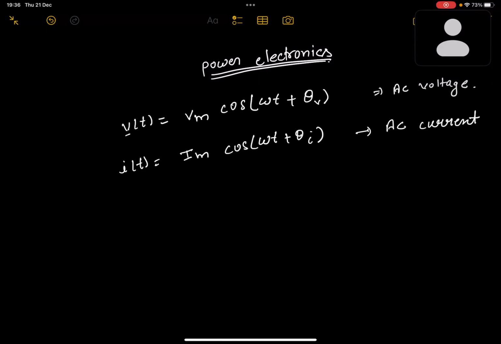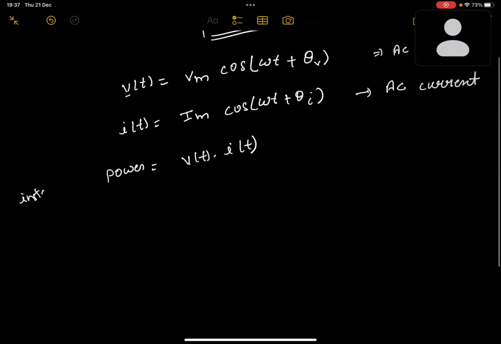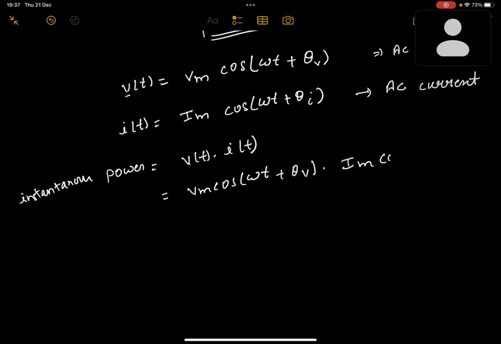Power is always the multiplication of voltage and current. So the instantaneous power is voltage into current. Putting in the values: Vm cos(omega t plus theta V) times Im cos(omega t plus theta I).